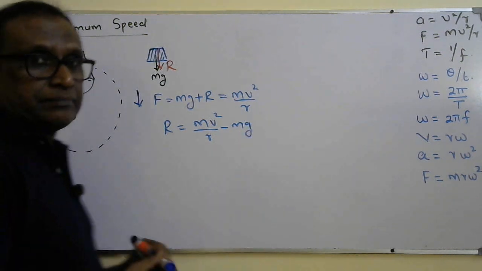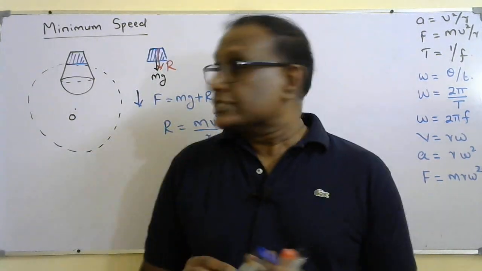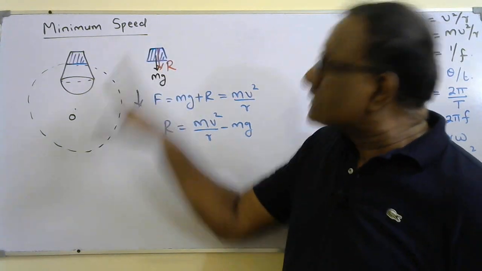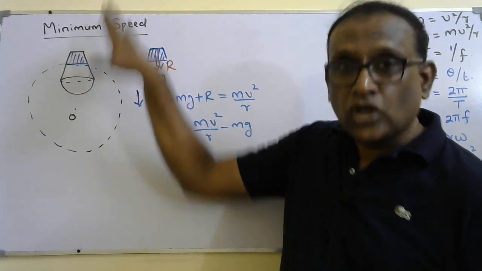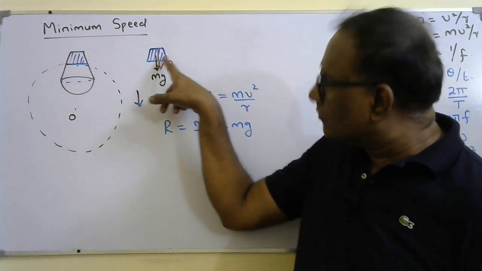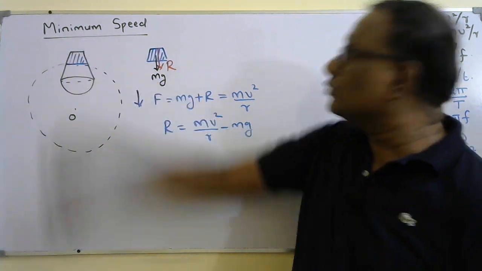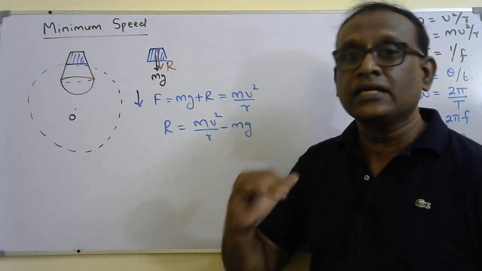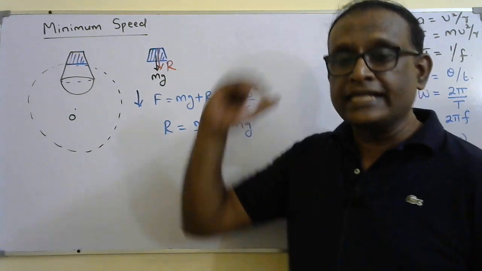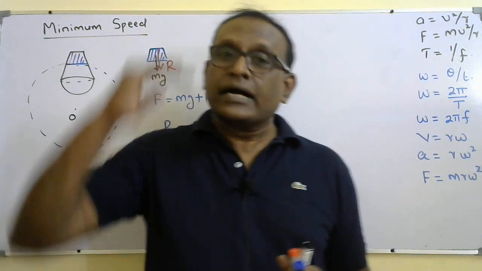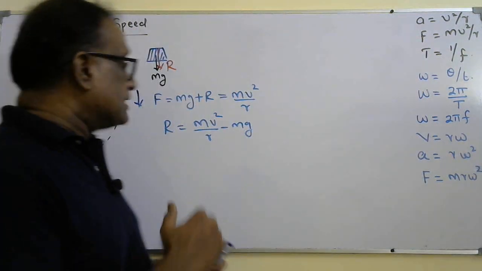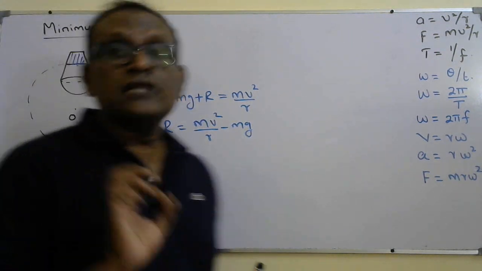The condition mathematically to say that the water is still inside the bucket and not falling out means the water should have contact with the base of the bucket at the highest point. That means R should have a real positive value.